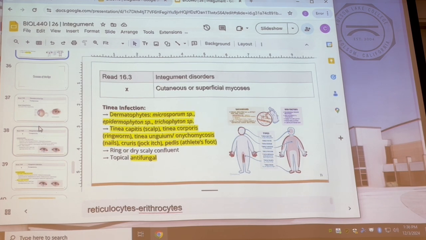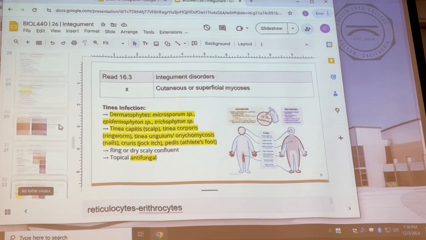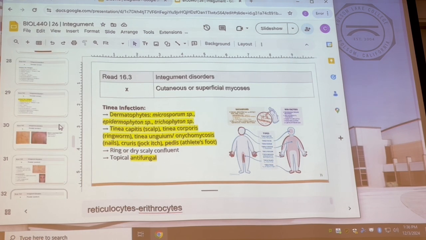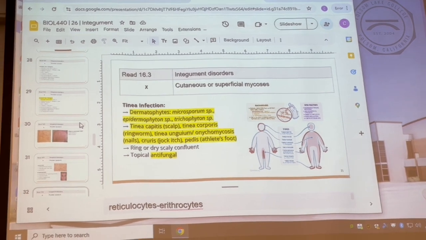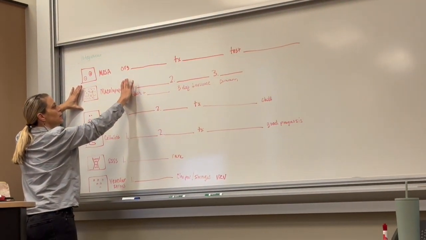Okay, so maybe you guys could give me some advice about how to help you memorize. If it were me, I would have taken the information that's highlighted and done note cards like this. So on the front, it would say MRSA. On this front, it would say maculopapular.